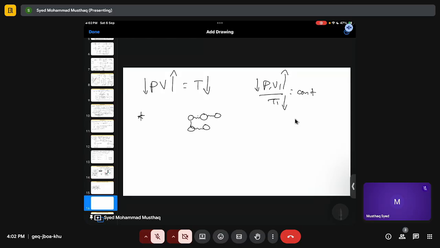There is some interaction between the molecules even though they are very far apart.